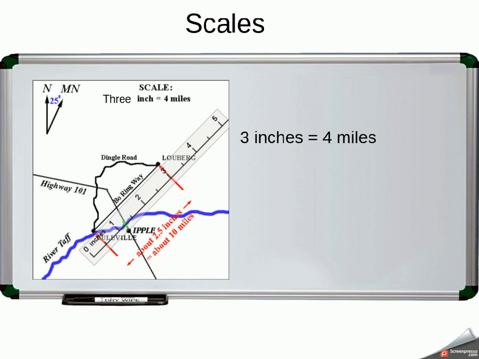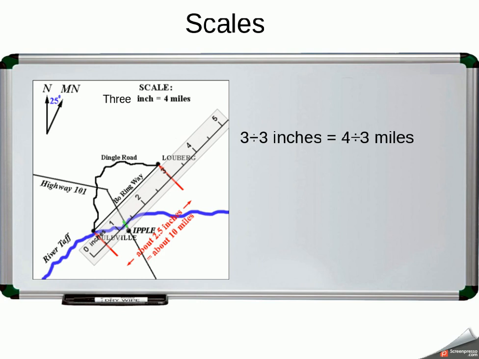So because I want to convert the inches, I'm going to work out what 1 inch is. So I divide both sides by 3, because if 3 inches represents 4 miles, then a third of that, if I chop that into 3, it represents the 4 miles chopped into 3.